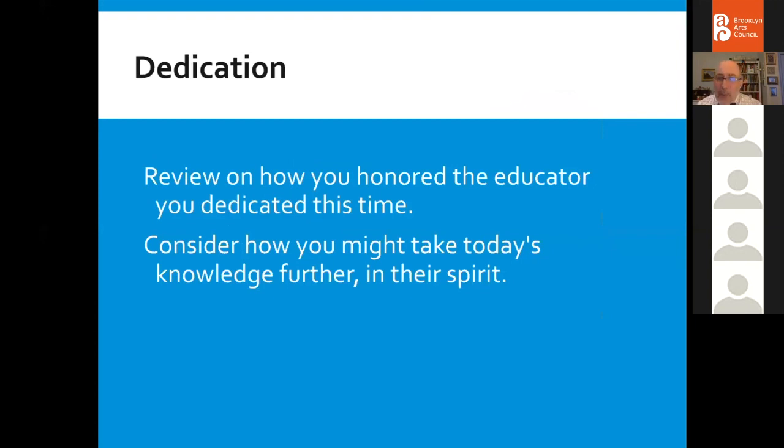Was that person still part of this process for you? And if so, is there a way that you might take that person and their impact further? So you may want to write them an email, let them know you're thinking about them. So just to continue and take that work further with you.